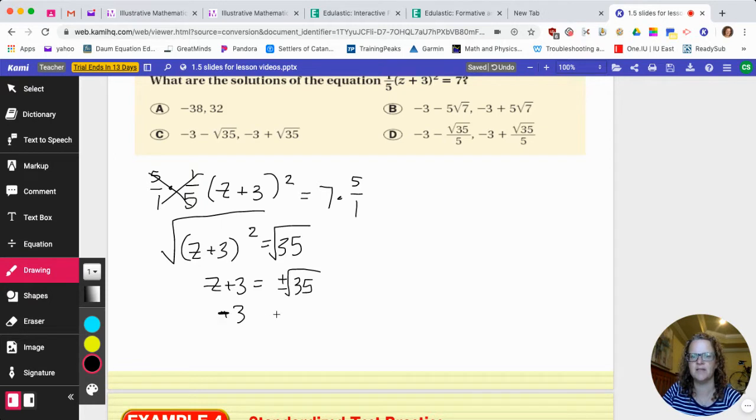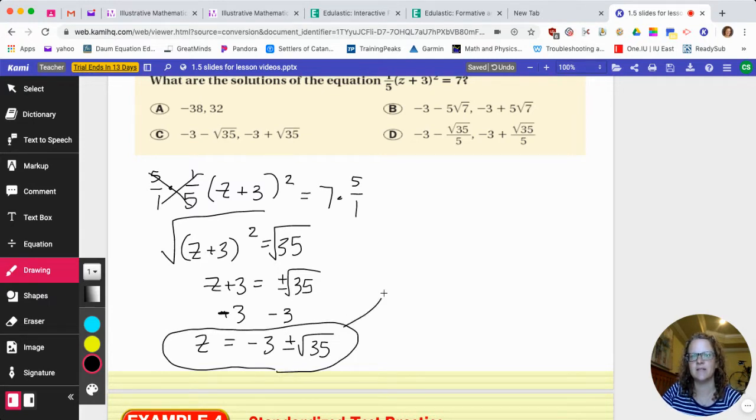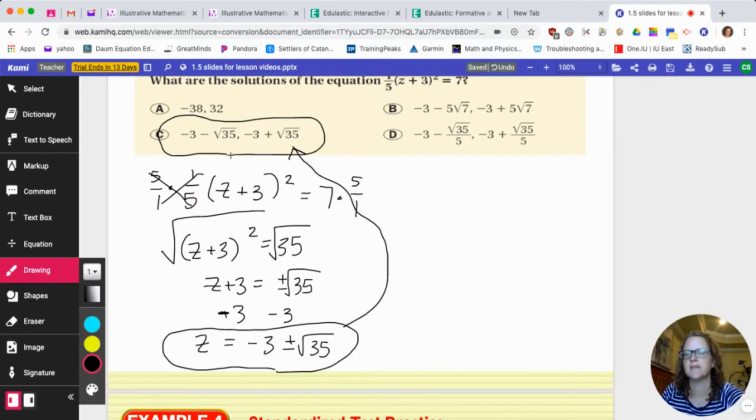Subtract 3 from both sides. z equals negative 3 plus or minus root 35. And I can leave my answer like that, or I can see that they wrote them both: negative 3 minus root 35 and negative 3 plus root 35. Doesn't matter.